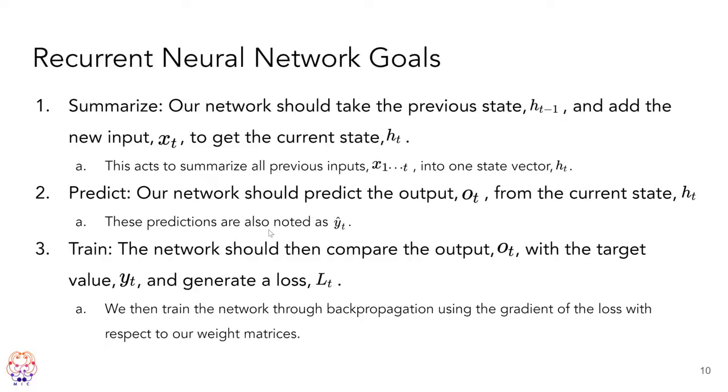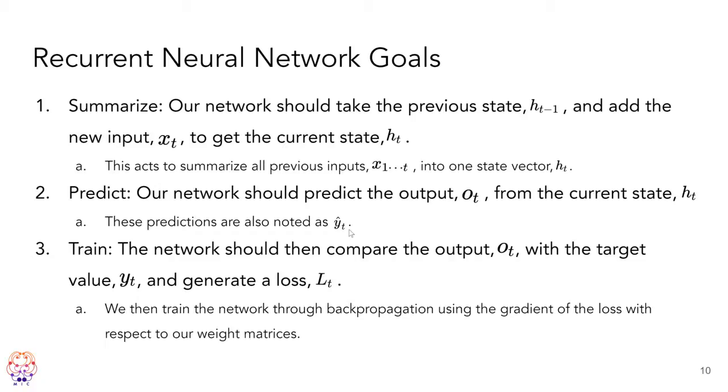If we dive into detail, our network should take a previous hidden state, h of t minus 1, add a new input, and then get the current state, ht. This is what I said in the previous slide. This ht is the new hidden state that summarizes. Then using that ht, we predict ot, which is our output, also known as y hat.